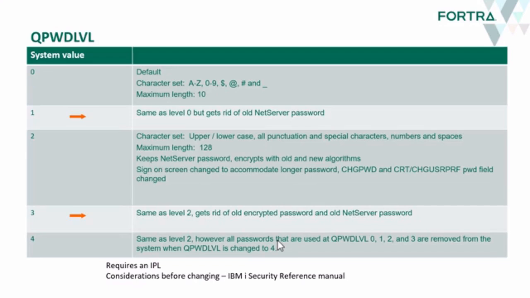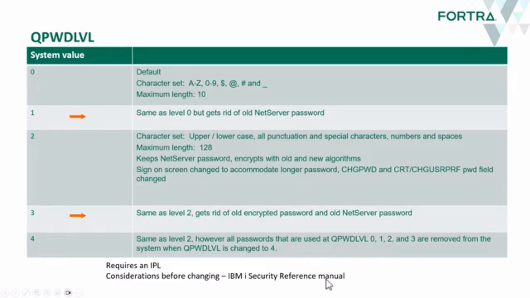So once you're good at level 2 and you've found that you don't need to go back to level 1, IPLing and going to level 3 is really the best place to be. And it is the same as level 2, but again, like level 1, it gets rid of that weakly encrypted version of the password hash. Now, level 4 was introduced in V7R5.